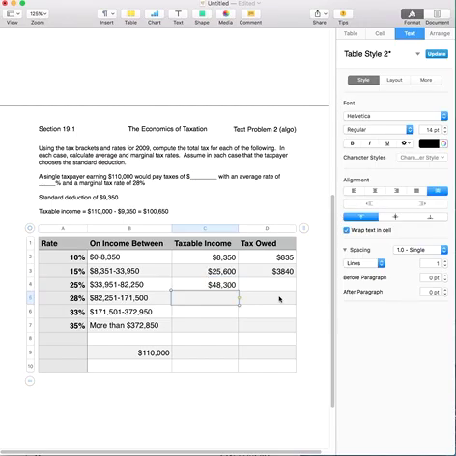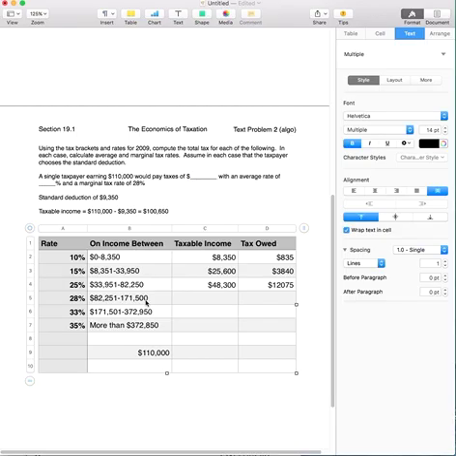If we went through and added all these together, we would get that upper bound of the bracket there. So they're going to be taxed on $48,300 at 25%. I can copy that formula. If I take $48,300 and multiply by 25%, that tells me how much they have to pay in that bracket. So they have to pay $12,075.